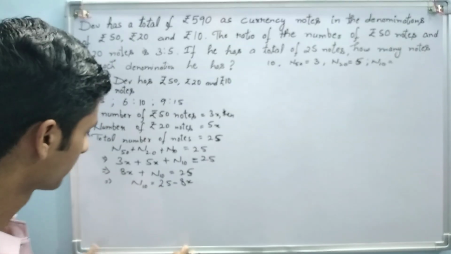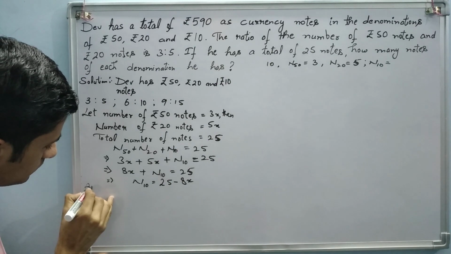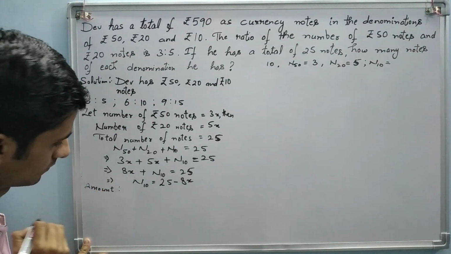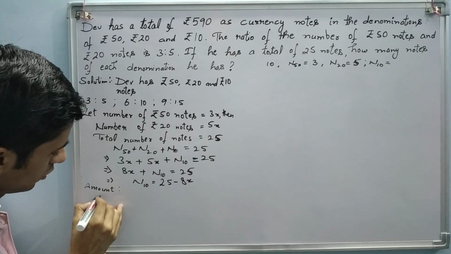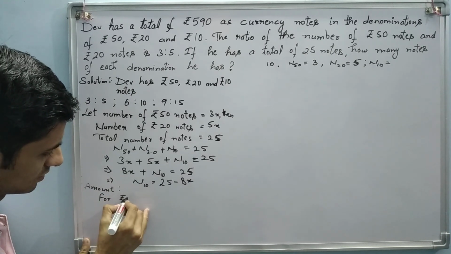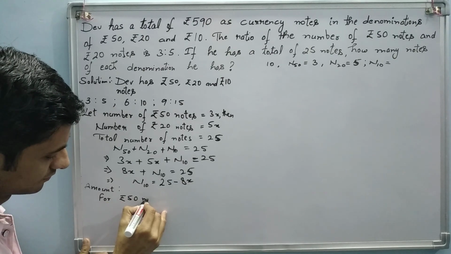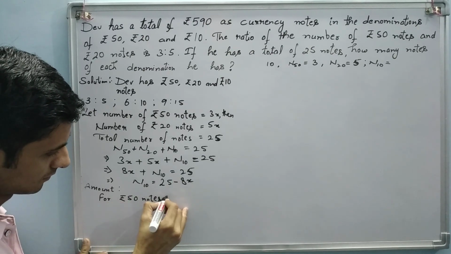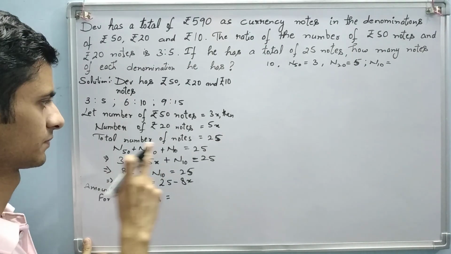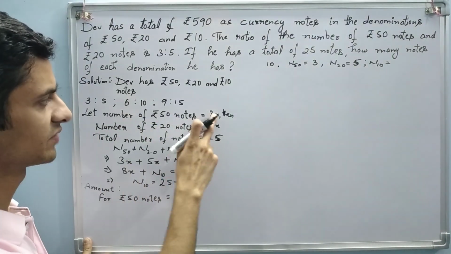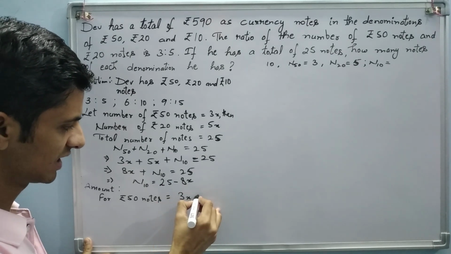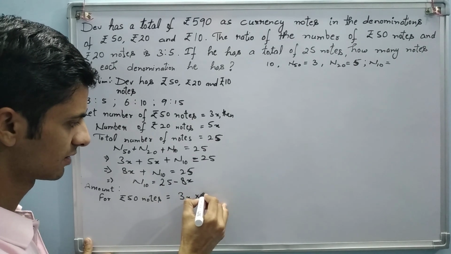So in this way, amount for 50 rupee notes. How many 50 rupee notes are there? The number of 50 rupee notes is 3x, multiplied by 50.